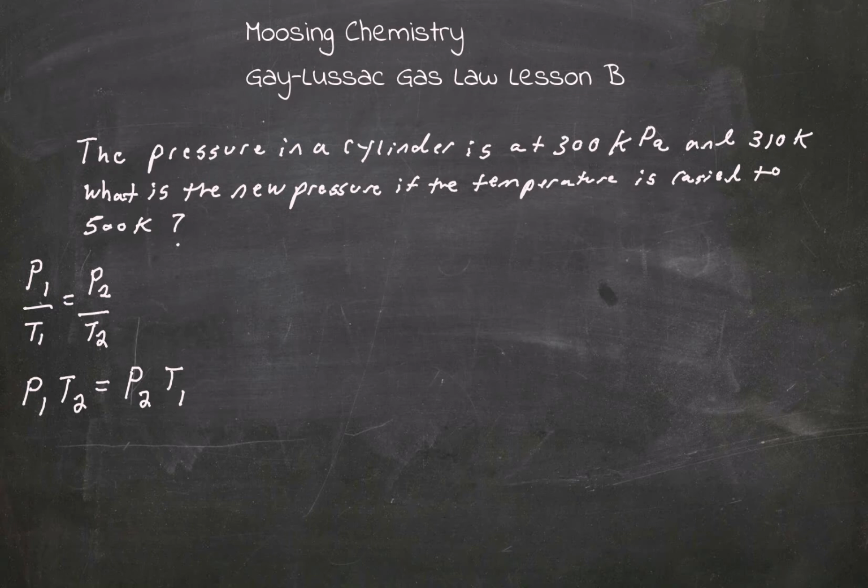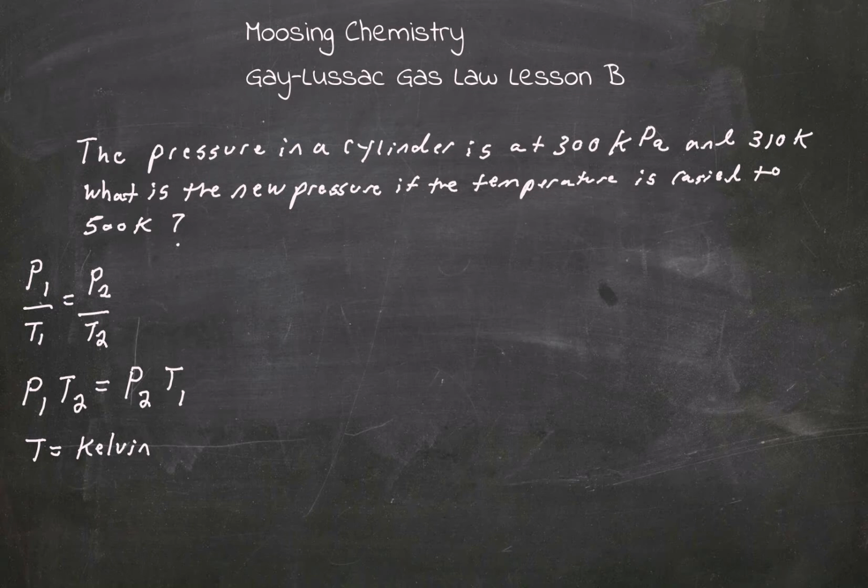Okay, now, to solve this problem, there's a couple things we need to know. We have to remember that temperature has to be in Kelvin. That's a must, okay? Your pressure could be in anything you want it to be, as long as both pressures are going to be the same. But temperature, don't use Celsius or Fahrenheit, use Kelvin.